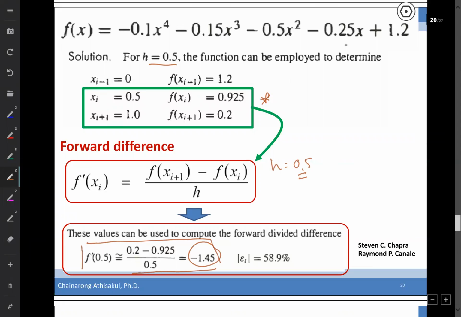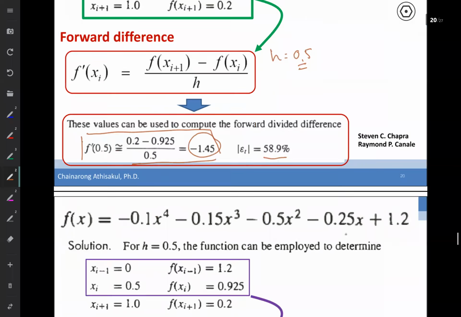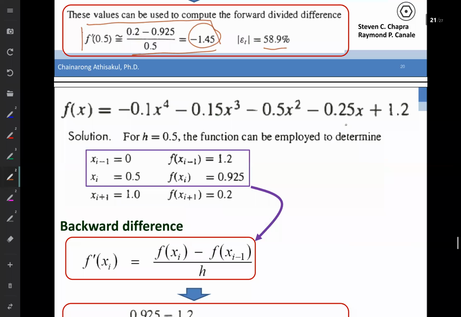That is not small, right? This is not small enough. You see that the error is very close to 60%. That's not acceptable, right? The error is a lot. It's about 60% error.